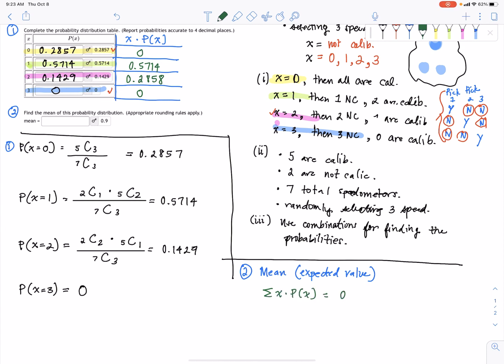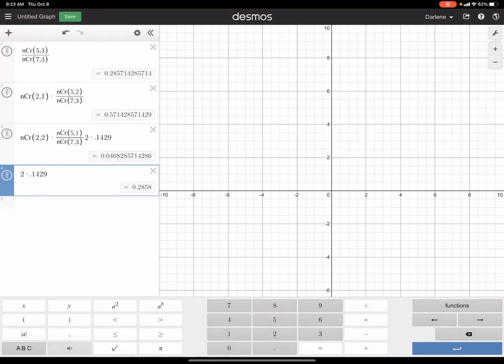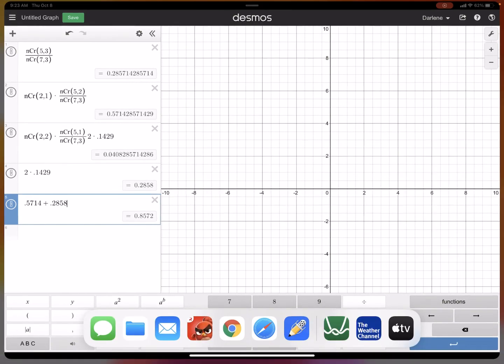So it'll be 0 plus 0.5714 plus 0.2858 plus 0. And when I add those up, I can go to the calculator and put 0.5714 plus 0.2858, and we get 0.8572.